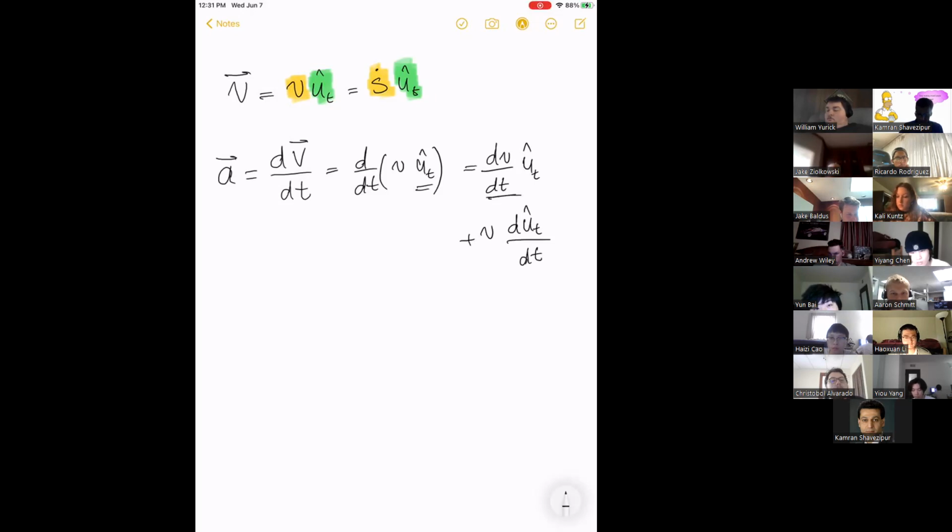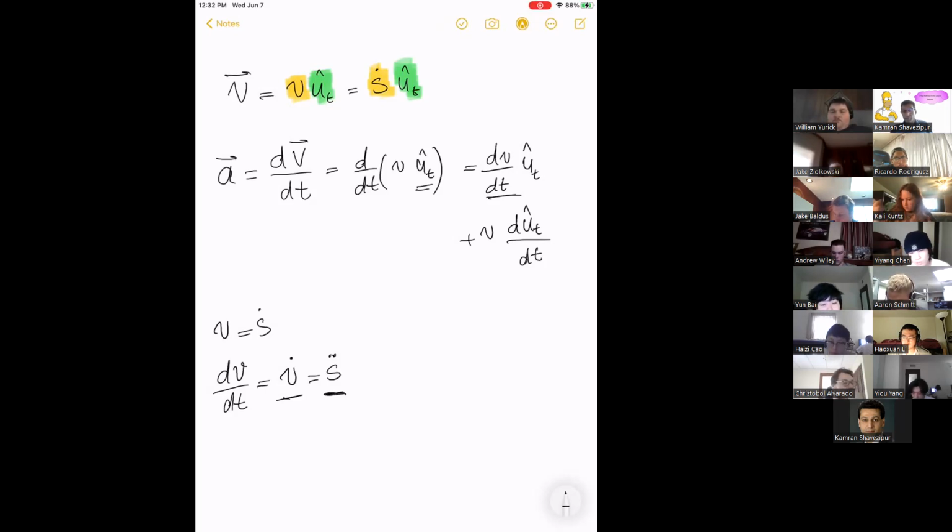dv dt, remember v was s dot, so dv dt, you can call it v dot or s double dot, right? This is technically the number you see. I mean, you don't see it directly, but when your velocity changes, when you drive your car, 50 miles, 70 miles, 62 miles coming up and down, this s dot, s double dot, or v dot is the change of that number.